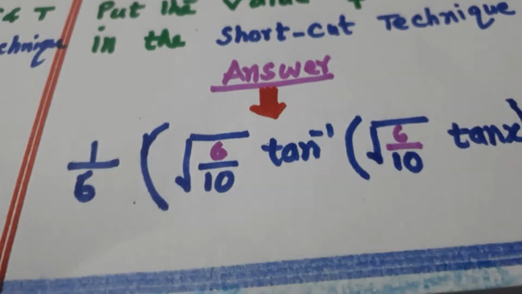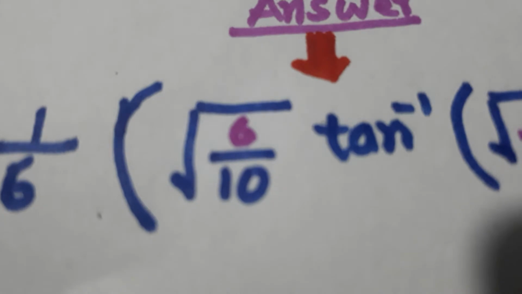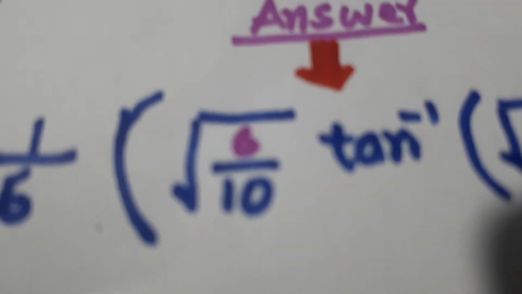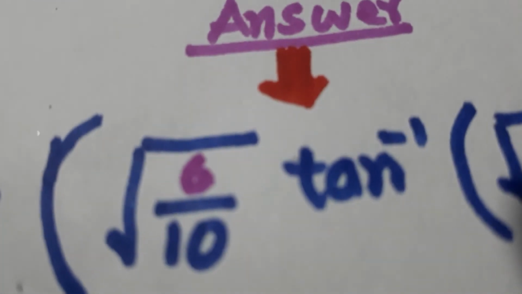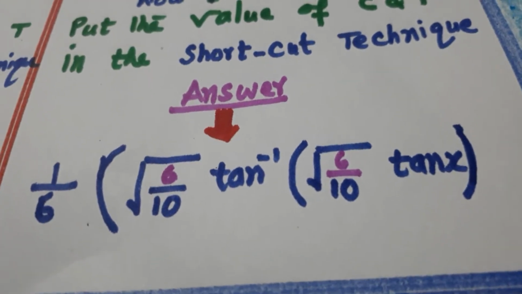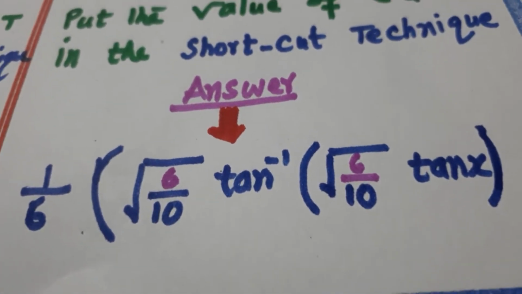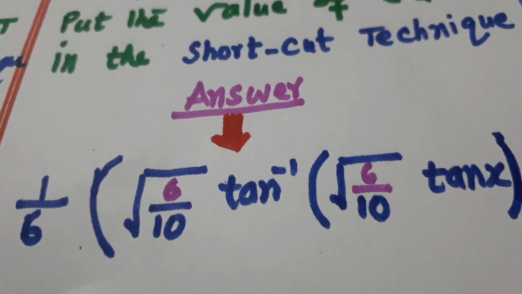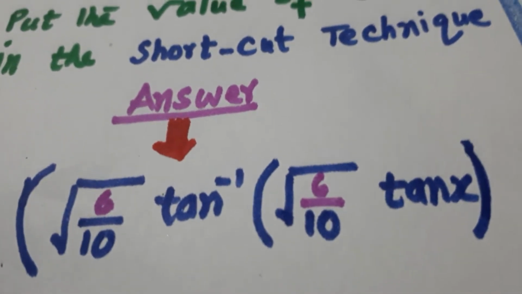On substituting this, the result will be 1 over C. C is your 6. C over T, 6 over 10. Put it in the under root, square root, and you will get the result. So, answer is tan inverse C over T, square root, tan x.